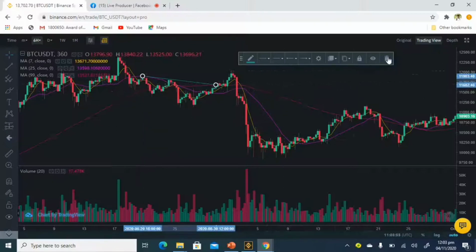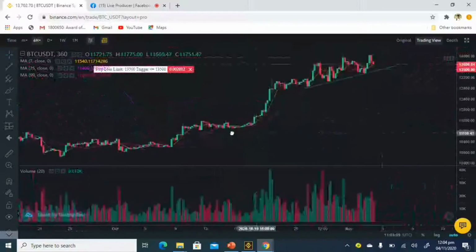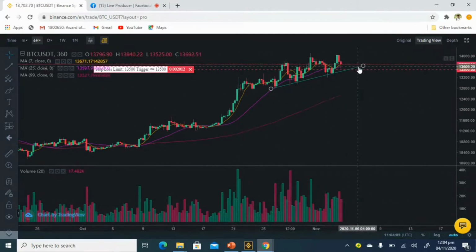So this is a downtrend line. So that's basically what trend lines are showing you. They're trying to tell you, okay, what kind of movement is this asset performing? Is it an uptrend or downtrend? So these are important things that you need to know as well.